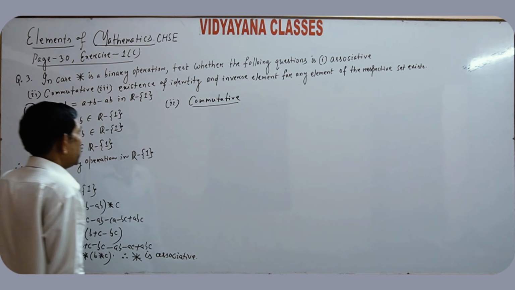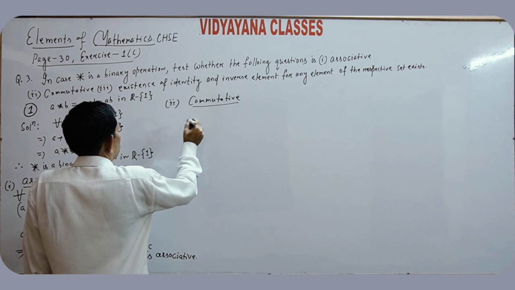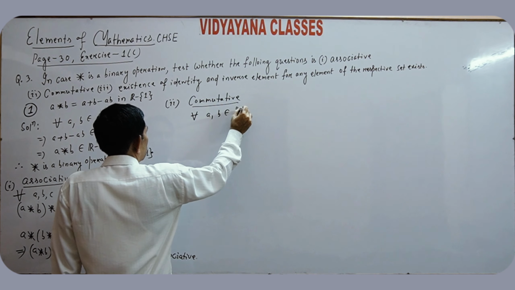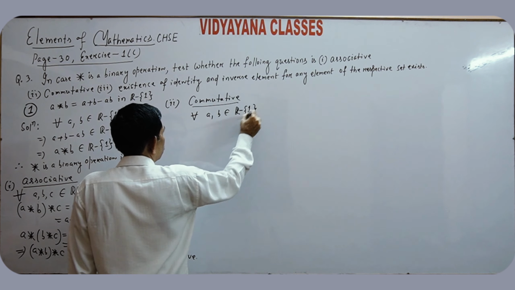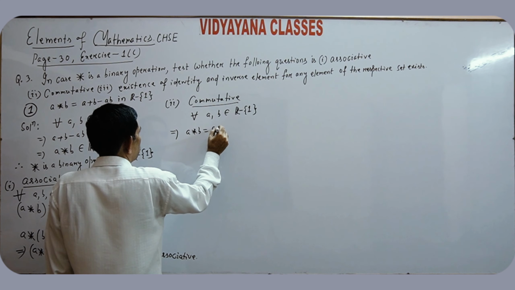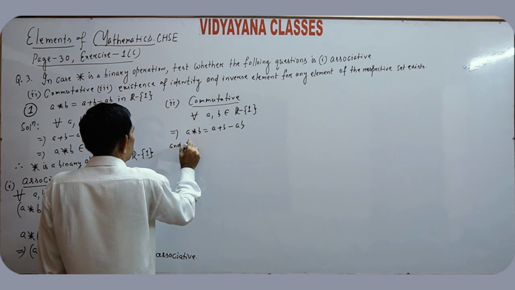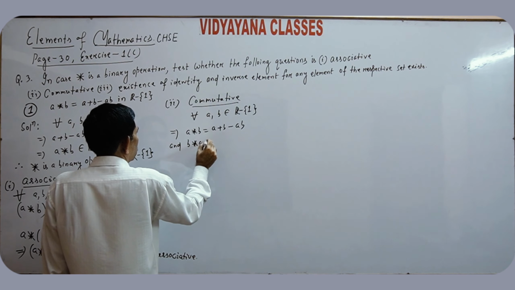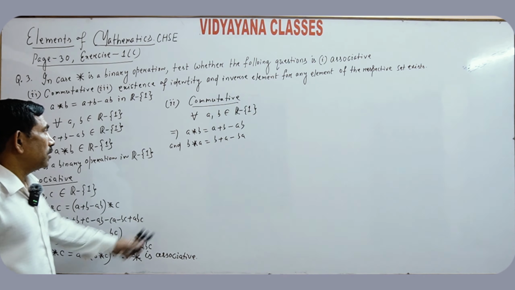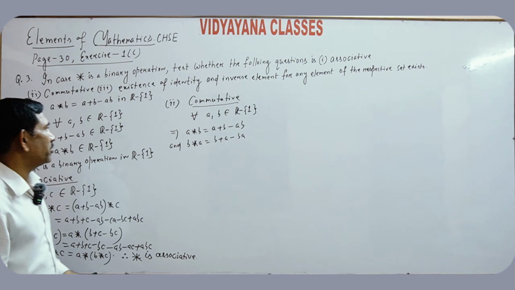The binary operation star is commutative or not. For all A and B belongs to R minus set of 1 implies A star B is equal to A plus B minus AB and B star A is equal to B plus A minus BA. A and B are the real numbers without 1.